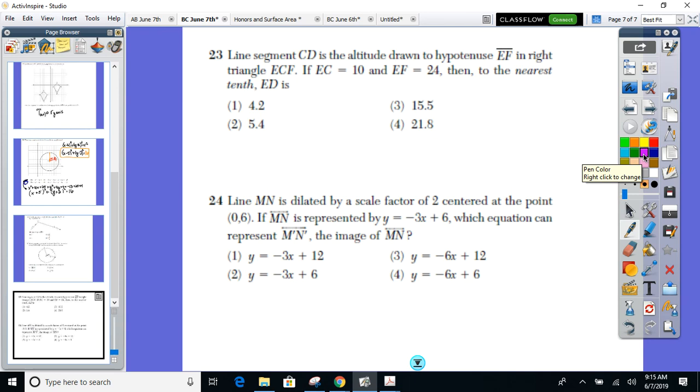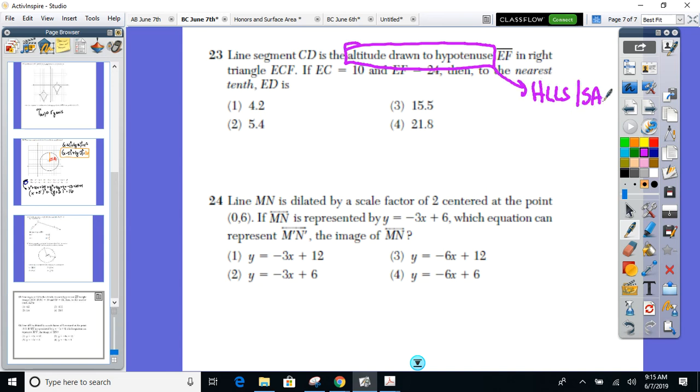It's not often I'm going to read it for you, but line segment CD is the altitude drawn to the hypotenuse. I see this set of words together. I already know what type of problem it is. I don't even have to look at the rest of the numbers. Altitude to the hypotenuse. We got ourselves a Hill-Sass problem on our hands. Anytime an altitude is drawn to the hypotenuse, Hills and Sass, we get it now.